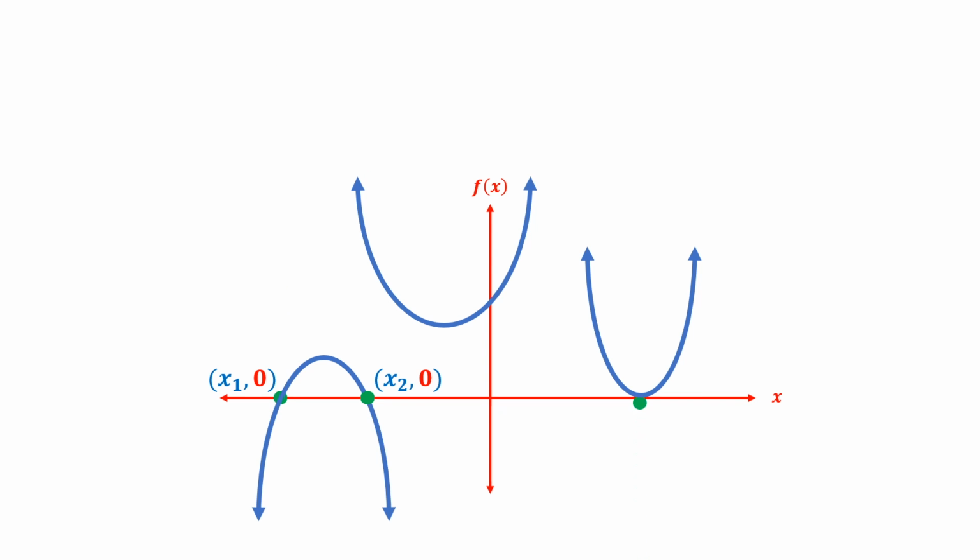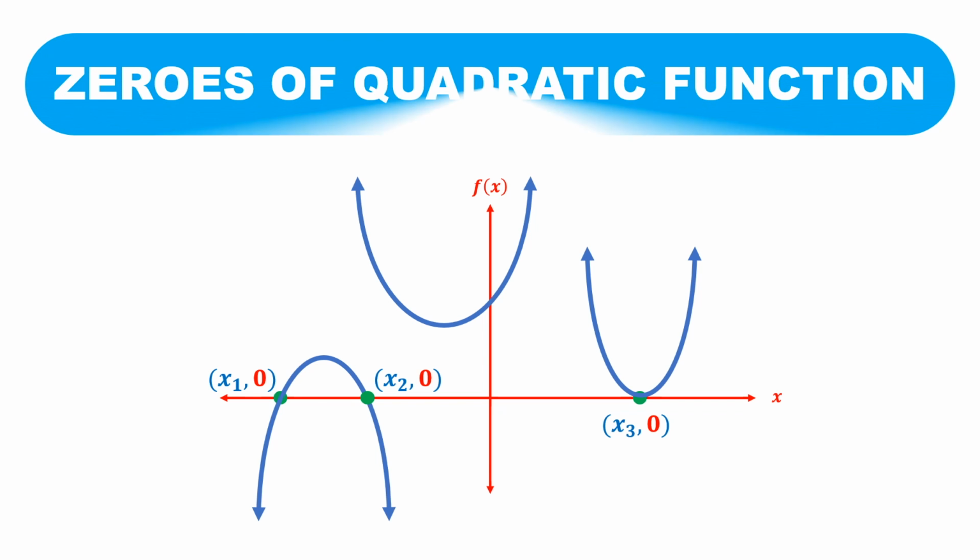If a parabola intersects the x-axis, the ordinates of the points of intersection is 0. That is why the abscissas of the point of intersection of the parabola and the x-axis, where the ordinate is 0, is called the zeros of the quadratic function.